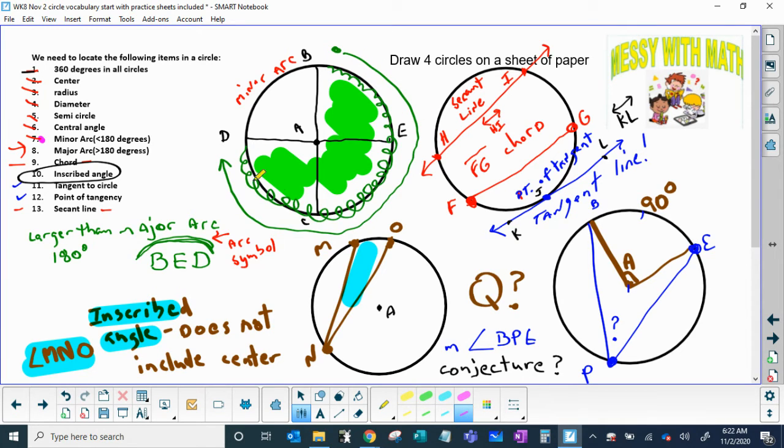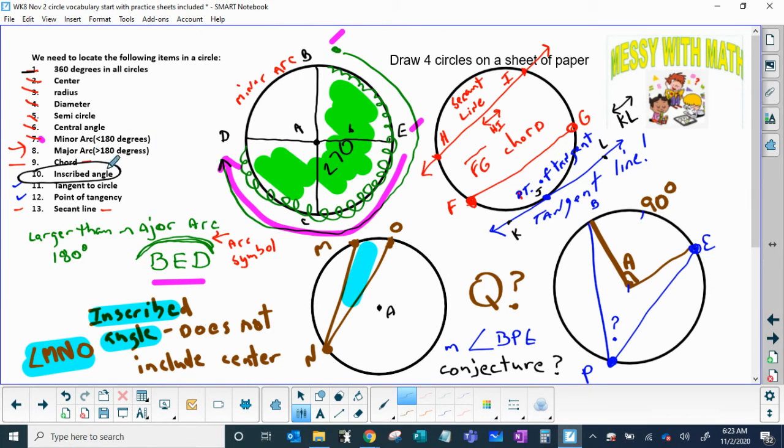This piece in green, 360 degrees minus the 90 gives us 270 degrees, arc B, E, all the way to D. We can label that BED. That is 270 degrees. Let's just write that in there. 270 degrees. A major arc is greater than 180 degrees.